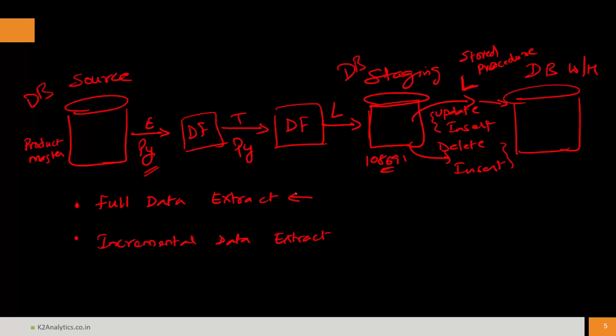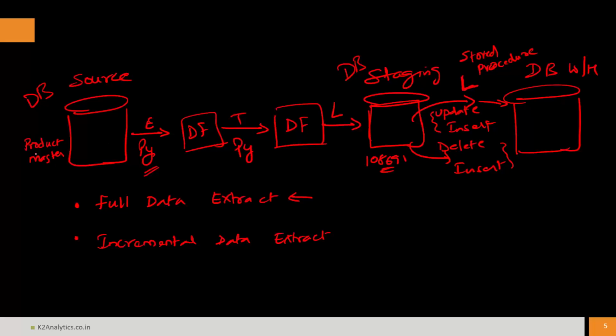If the table is small and the change is not that frequent, and more important, the data is small, 100, 200, 500 records only, I suggest do full extract, and here you may do update insert. Any existing record you may update, and if there is any new incremental record, you simply insert.